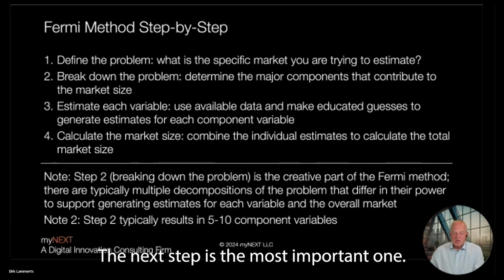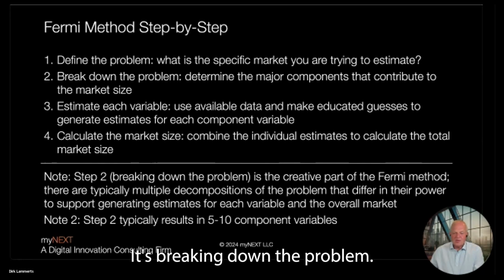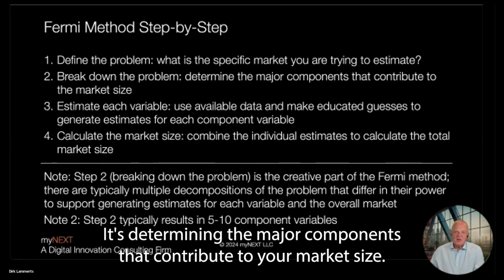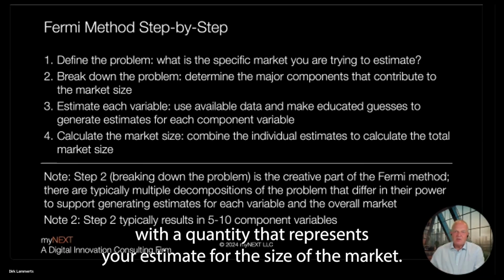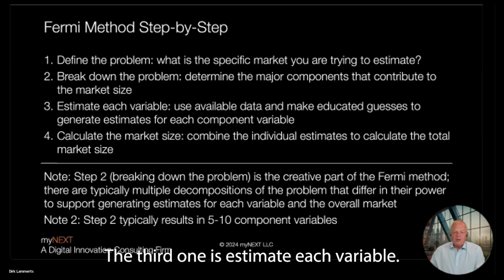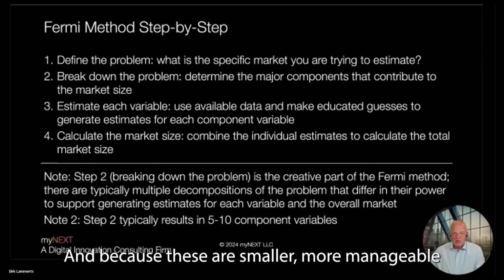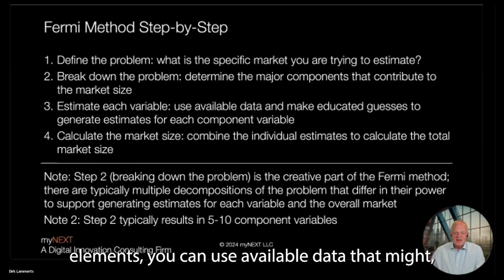The next step is the most important one. It's breaking down the problem. It's determining the major components that contribute to your market size. So in essence, a number of variables that if you multiply them, you come up with a quantity that represents your estimate for the size of the market. The third one is estimate each variable. Because these are smaller, more manageable elements, you can use available data.